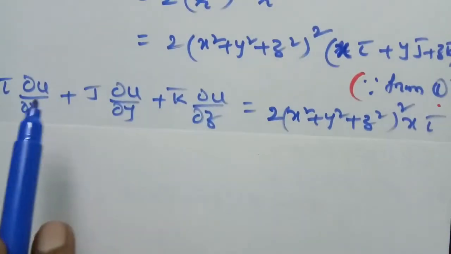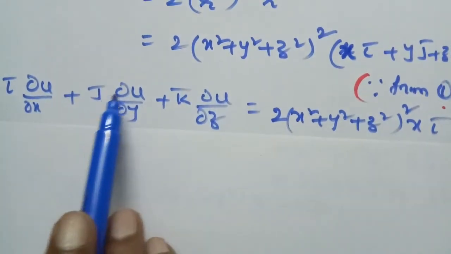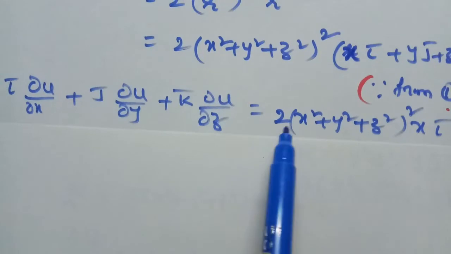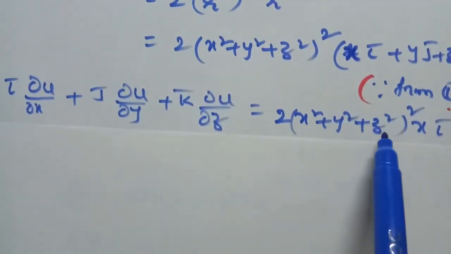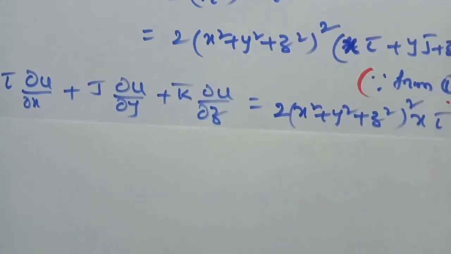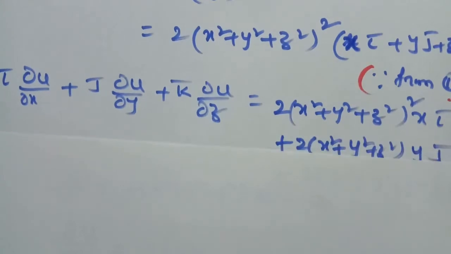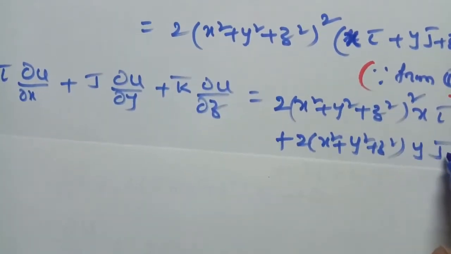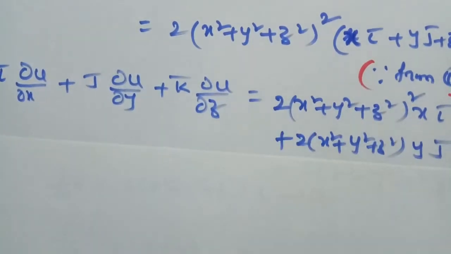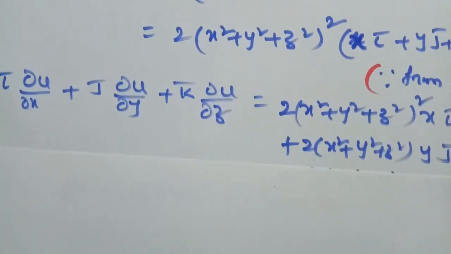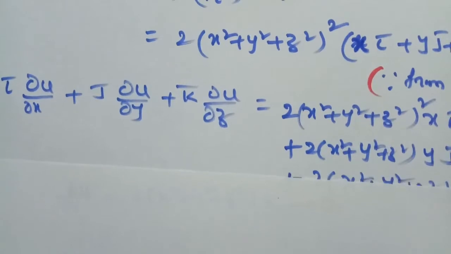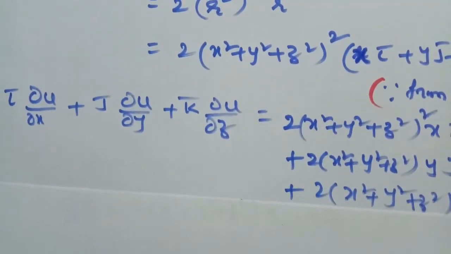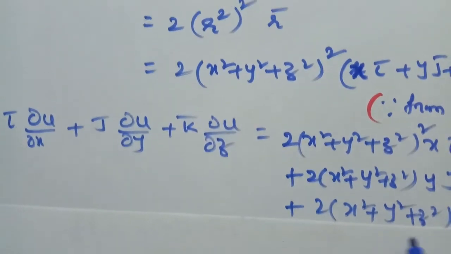Therefore, i bar into dou u by dou x plus j bar into dou u by dou y plus k bar into dou u by dou z is equal to 2 times x square plus y square plus z square whole square into x i bar plus 2 into x square plus y square plus z square whole square into y j bar plus 2 into x square plus y square plus z square whole square into z k bar. Now two vectors are equal.